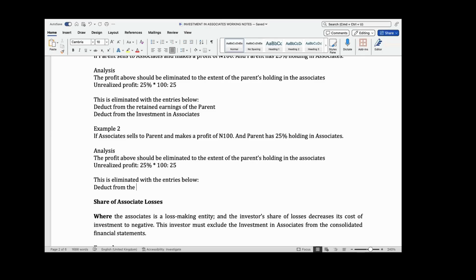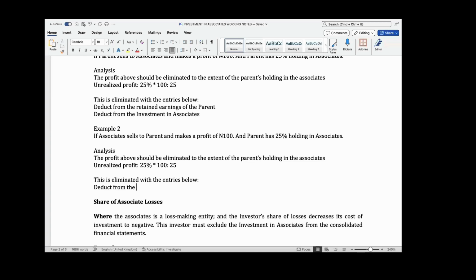What will be the other leg? It will now be the inventory. We now deduct from inventory, sir. Why is it going to inventory this time around?